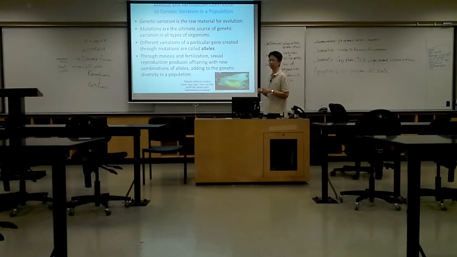Yes, we can still have genetic variation without mutation. And that is through normal meiosis, the process of making gametes, which will enhance the genetic variation. We'll talk more about alleles when we talk about genetics.